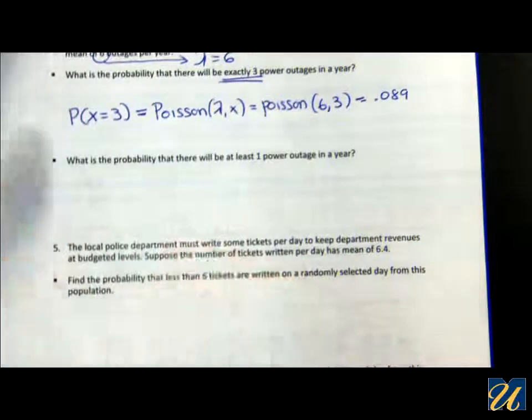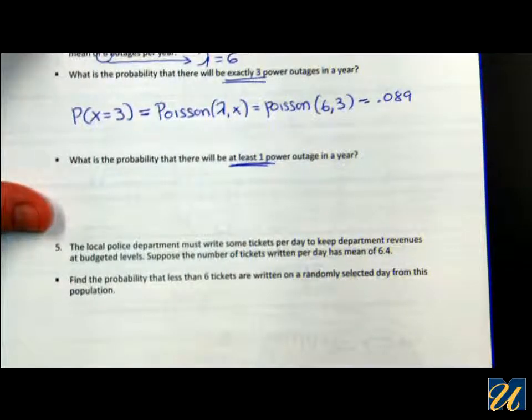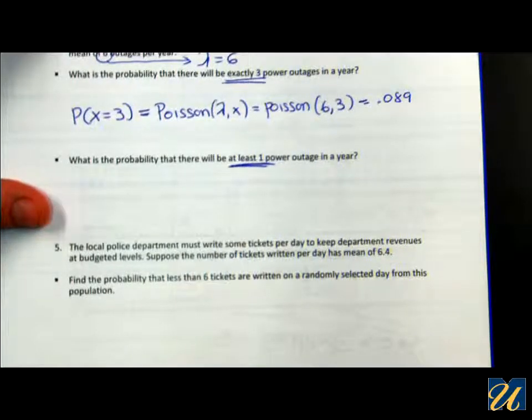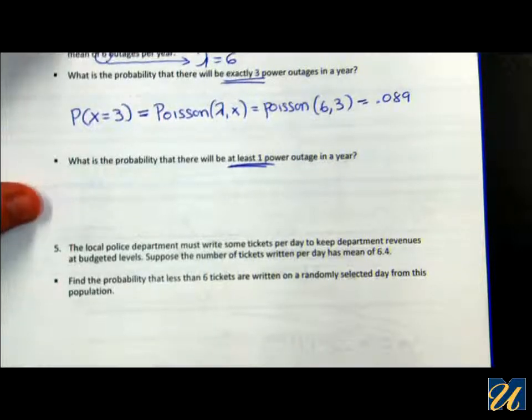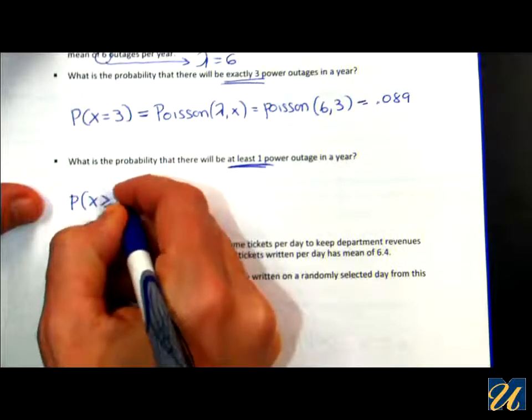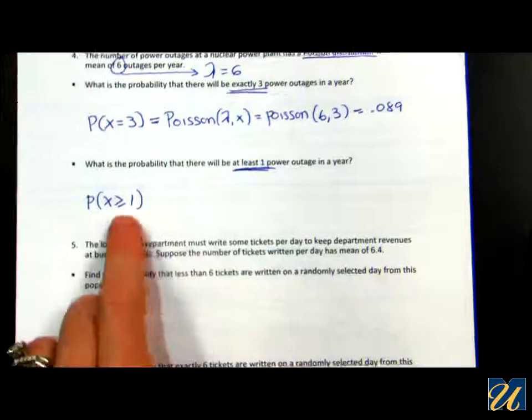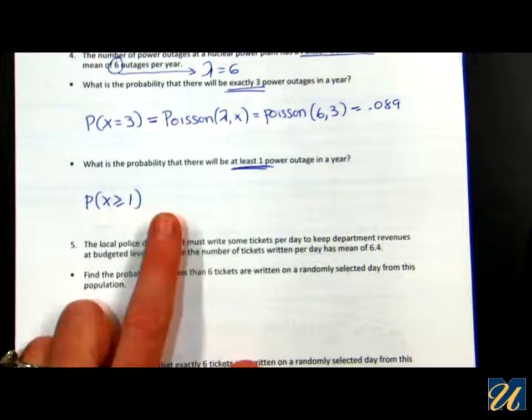What is the probability that there will be at least one power outage in a year? At least one power outage means that you're looking for the probability of X greater than or equal to 1. Now, I want you to pay attention a little bit here, because if, for example, you had a binomial, all you would need to do for this kind of probability would simply be the probability of X equals 1 plus the probability X equals 2, all the way up to your sample size.